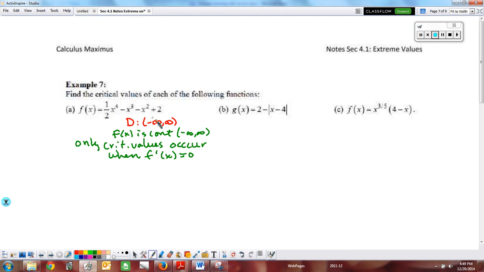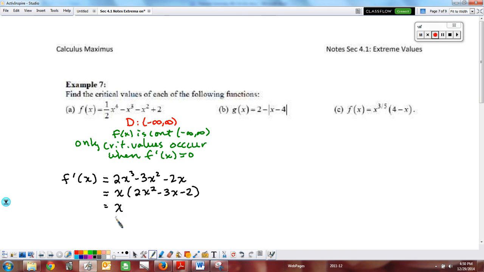So basically we're just going to take the derivative. Step 1 in finding critical values is to find f prime of x. So we multiply, and we would get 4 times a half, so 2x cubed minus 3x squared minus 2x minus 0. Because we want to set this equal to 0, we might want to put it in a nicer form. So let's remove a GCF: 2x squared minus 3x minus 2.